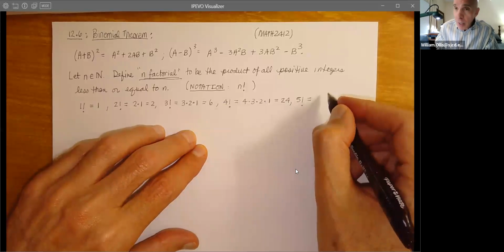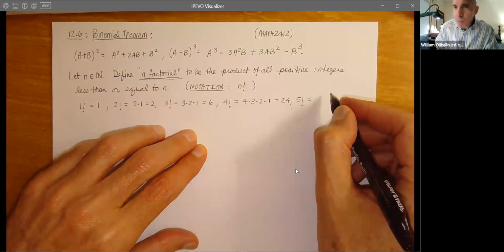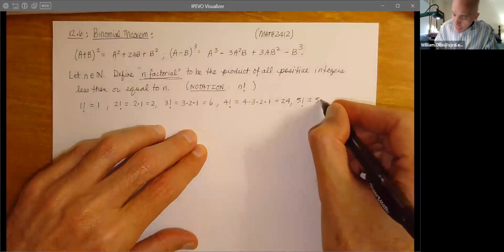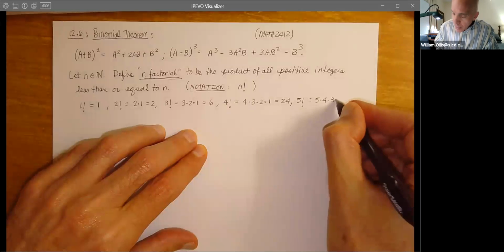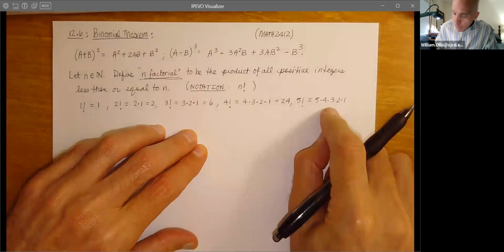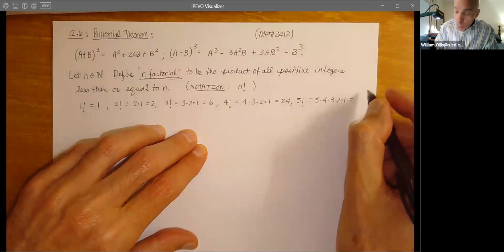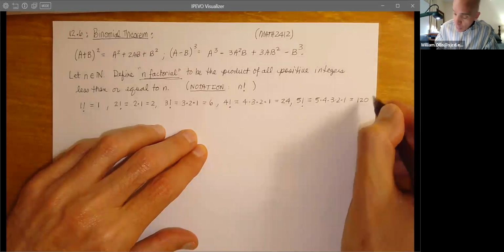It's somewhat asymptotic to the exponential, and so it grows pretty fast. It's an amazing function. And then 5 times 4 times 3 times 2 times 1. So that'll be 5 times 24, which will give us 100 plus 20, which is 120, etc.